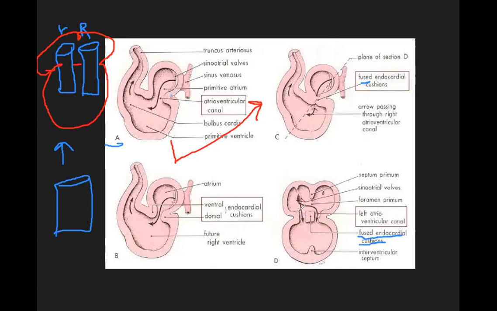And this fused endocardial cushion will help in making a membranous interventricular septum, because you know we have two types of interventricular septum, a muscular one and a membranous one. I will tell you how these septums are formed, but first understand this. This endocardial cushion is forming a membranous interventricular septum.